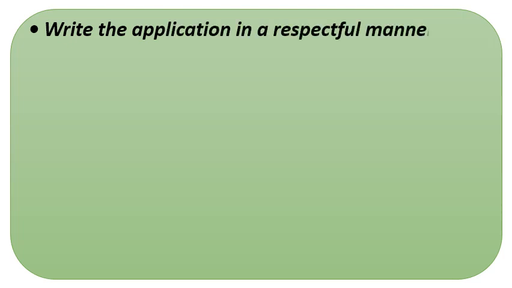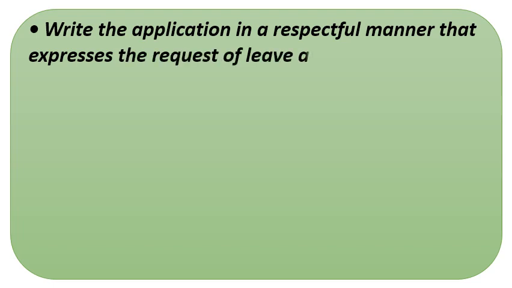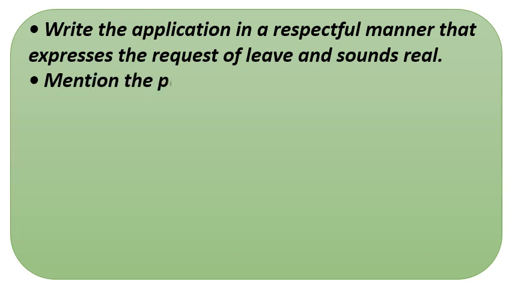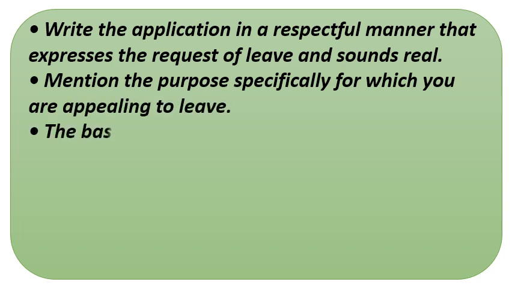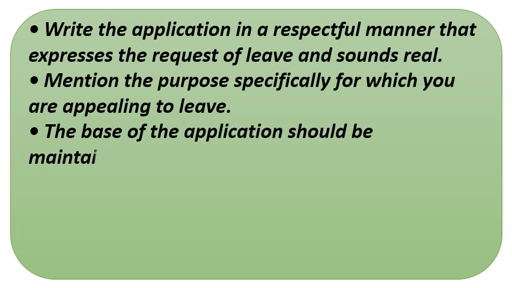Number 5 is write the application in a respectful manner that expresses the request of leave and sounds real. Number 6 is mention the purpose specifically for which you are appealing to leave. Number 7 is the base of the application should be maintained.